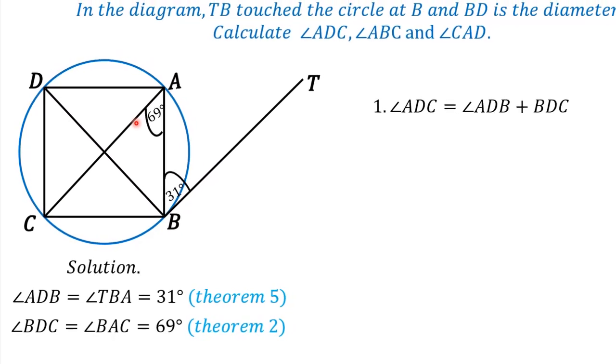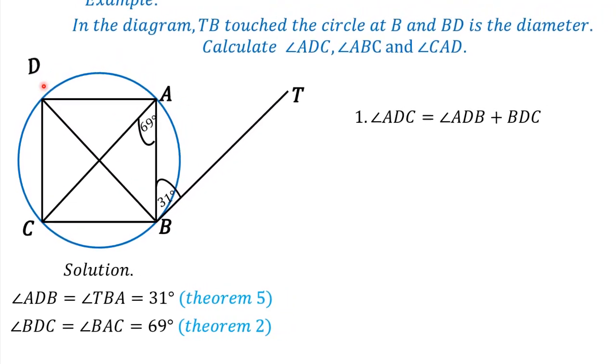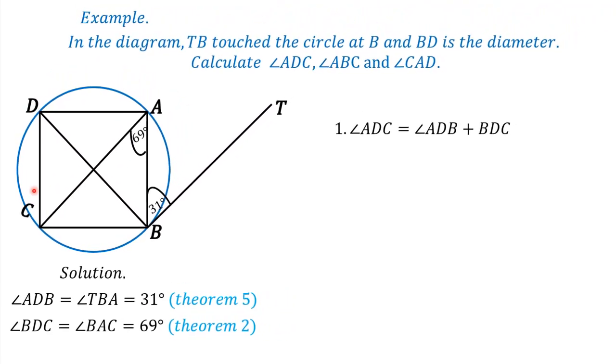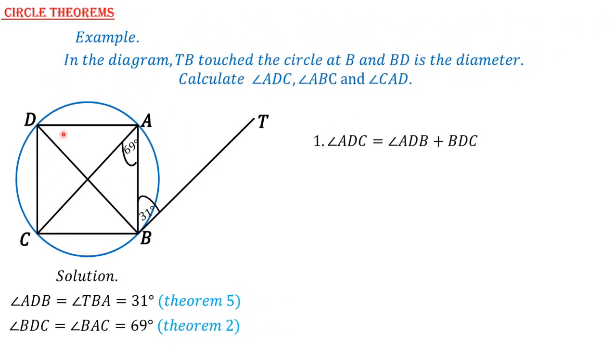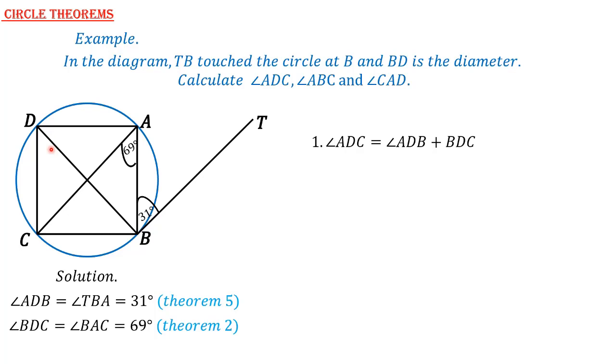So angle ADC is what? Which means the angle here and the angle here, that we are asking. This one you have to know because we said that this angle, 31 degrees, is the same as the angle here. So here is 31, right? And this angle here is the same as the angle here. That's what we said: angles in the same segment at the circumference are equal.